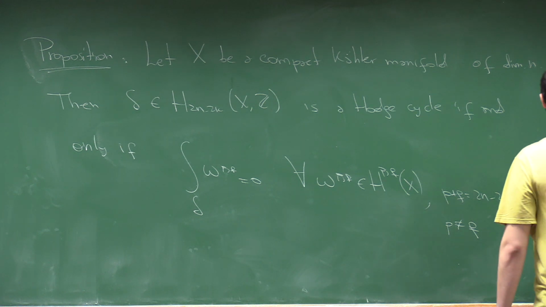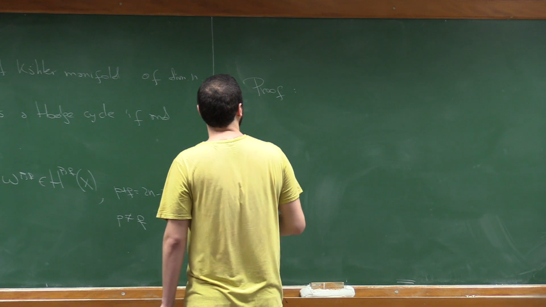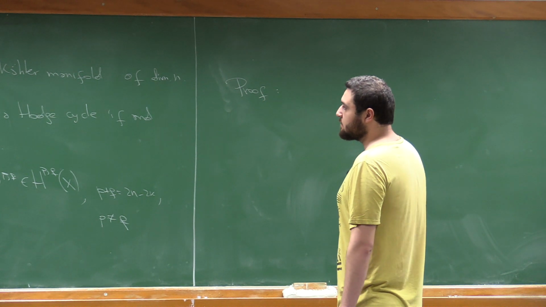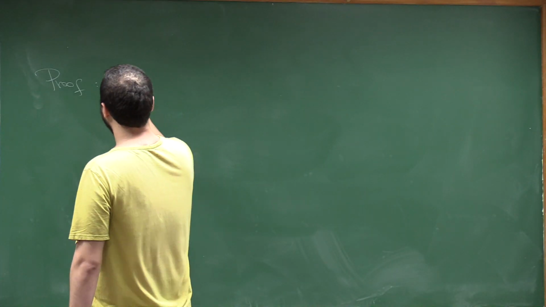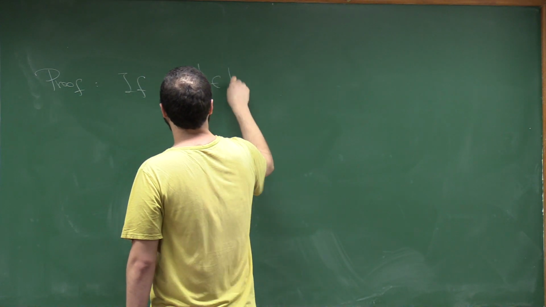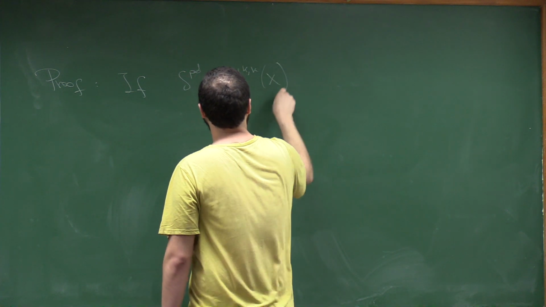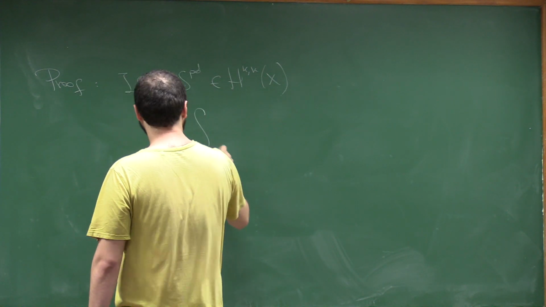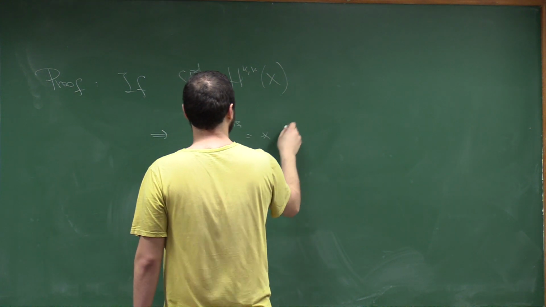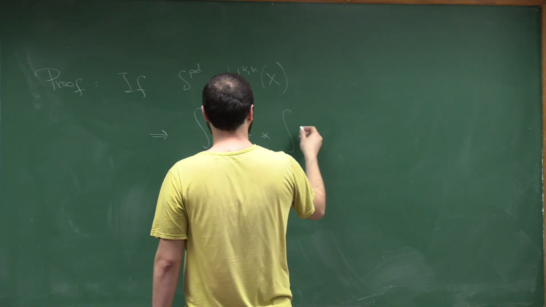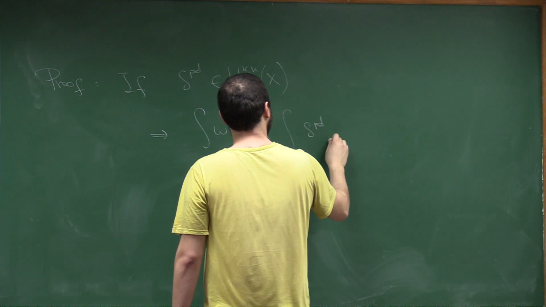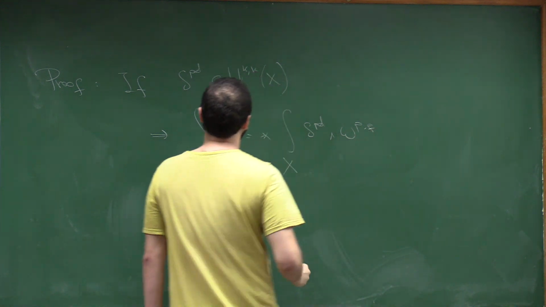So again, the proof is just using this Poincaré de Rham isomorphism. So in one direction, assume that delta is a Hodge cycle. So if delta PD is in H^{k,k}(X), then the integral over delta of omega^{p,q} is equal to something times the integral over X of delta PD wedge omega^{p,q}, right?